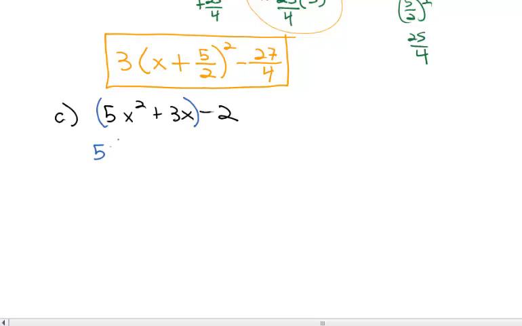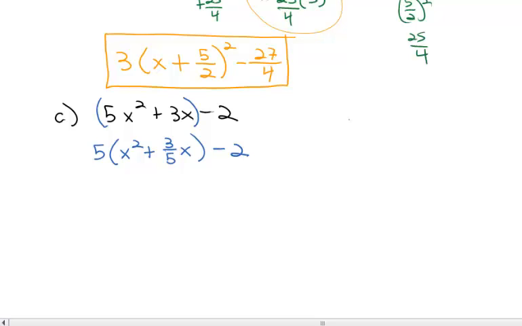Here a is 5. But 5 doesn't factor out really nicely out of the 3x. That's okay, we just need to have an answer that is a fraction. So when we have 3 and we divide out 5, what's going to be left is 3/5 x minus 2. So we end up with a fraction in the middle.